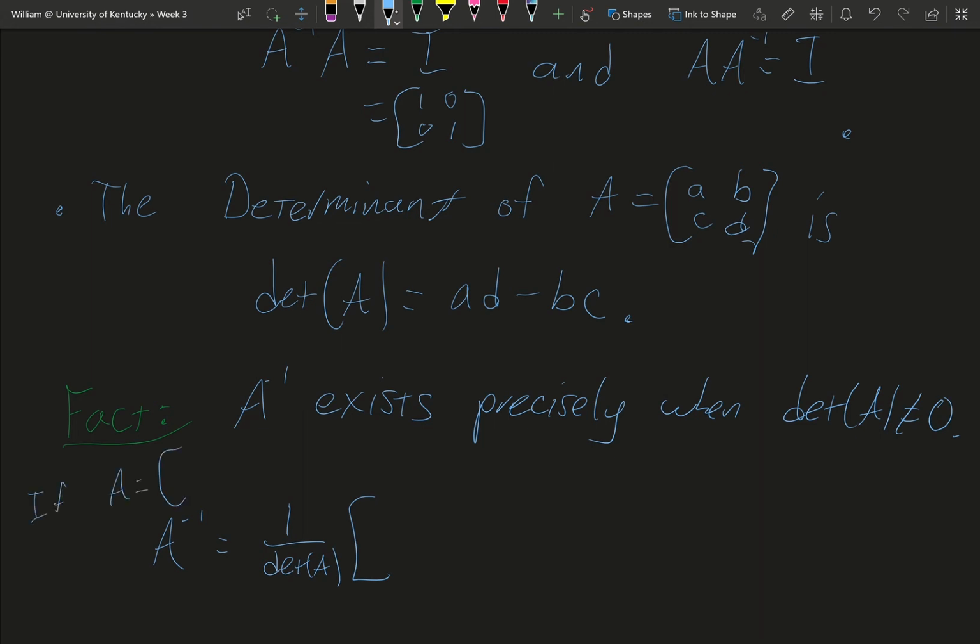again, just emphasizing, so we have A, B, C, D here. Here's how we get the inverse. So we divide out by the determinant. We swap A and D, and B and C we just make negative.